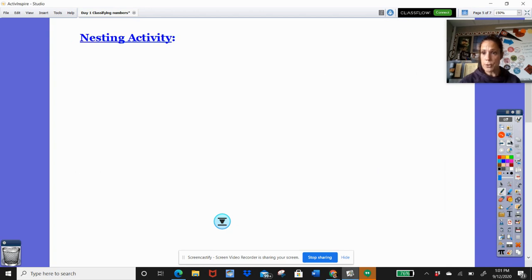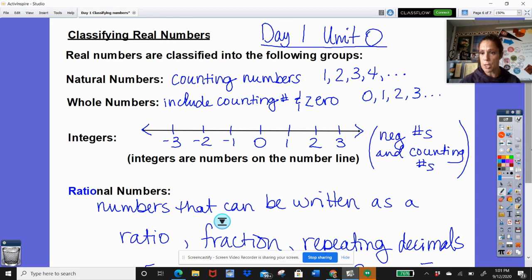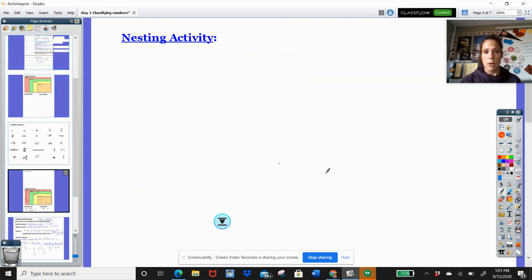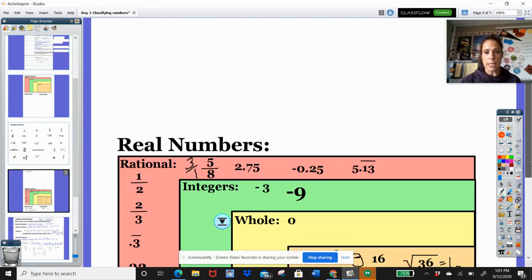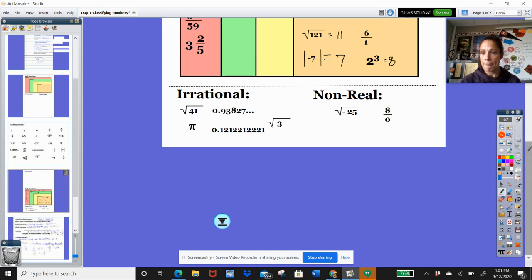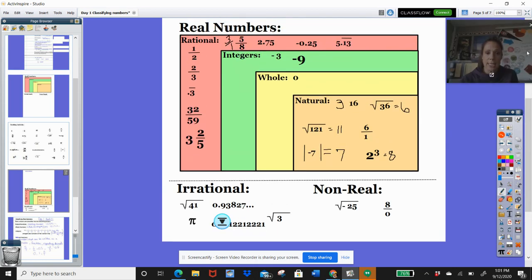Okay, once you've written it into your chart, this is hopefully what your chart looks like. I've got everything here, and you can check.